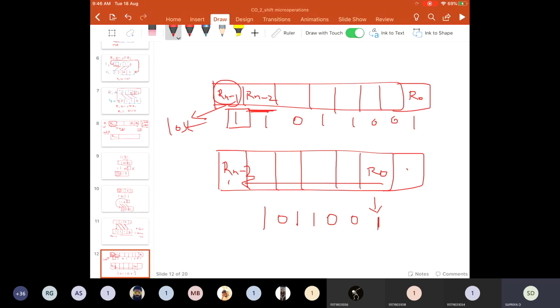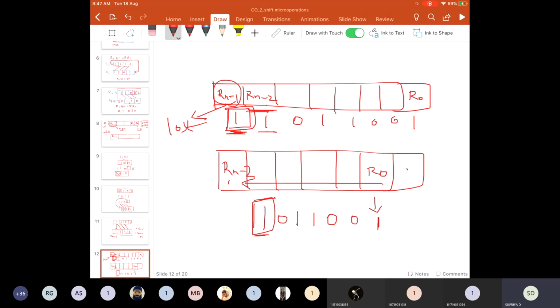As we have the same sign, that is 1 and 1 in R minus 1 and R minus 2, there is no problem, because the result is a negative number and the original number is also a negative number. Since the most significant bit in the result and the most significant bit in the given number is 1, there is no sign reversal for this number. Since R minus 1 and R minus 2 have the same sign.